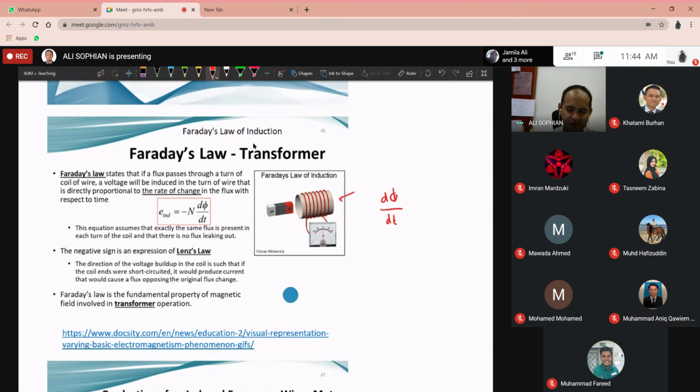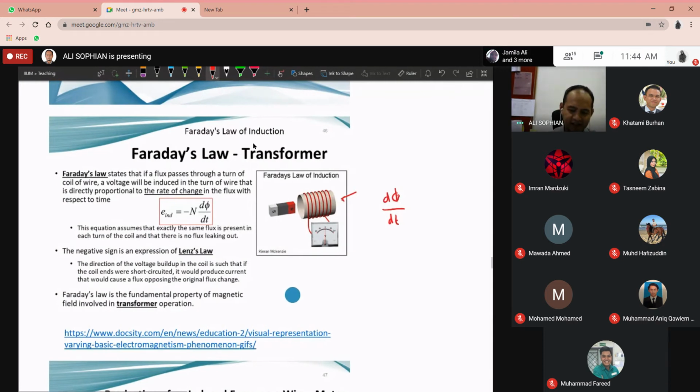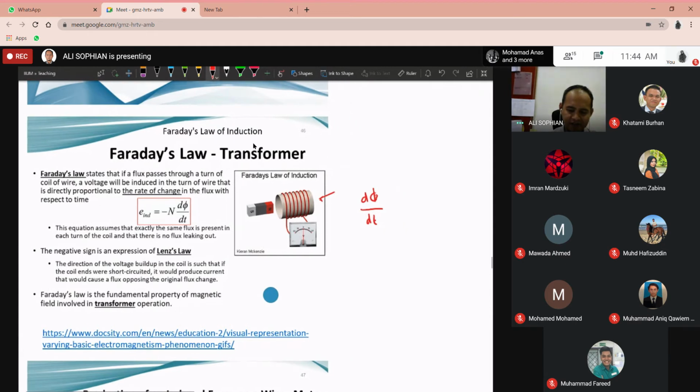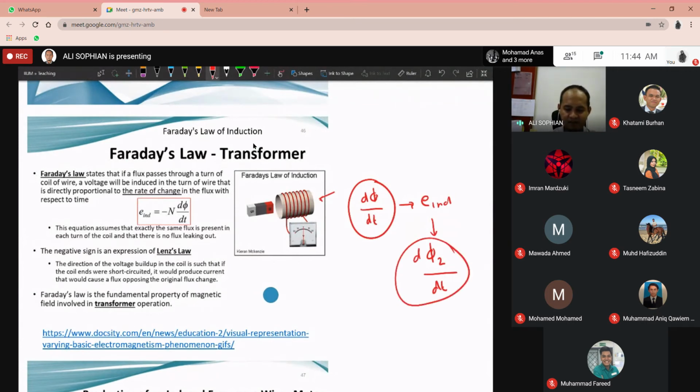The d flux by dt will induce voltage, but the voltage will also induce another magnetic field, and this magnetic field also will change with time, so it's got d flux by dt, and this is in the opposite direction to the first one. So there is a polarity of the induced voltage, and the polarity is defined by this Lenz's law.